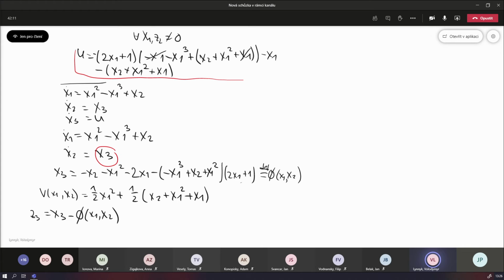Okay, and then x3 equal to z3 plus this function from x1, x2.